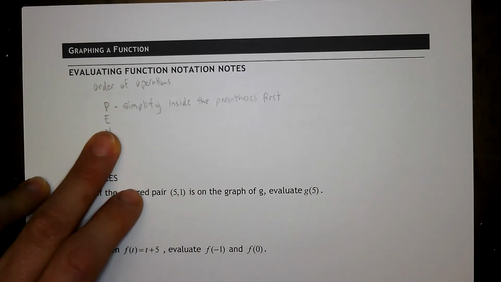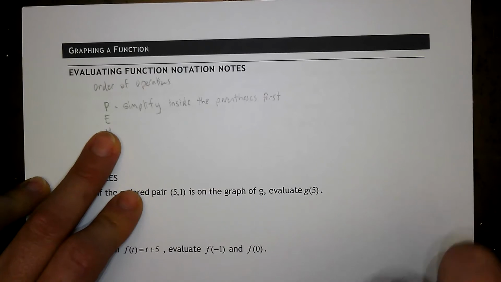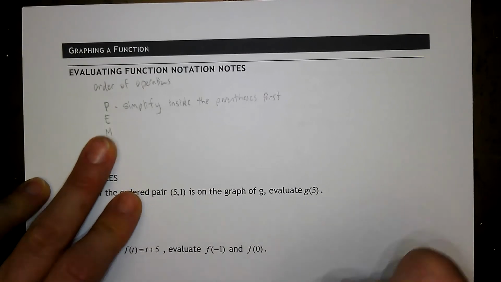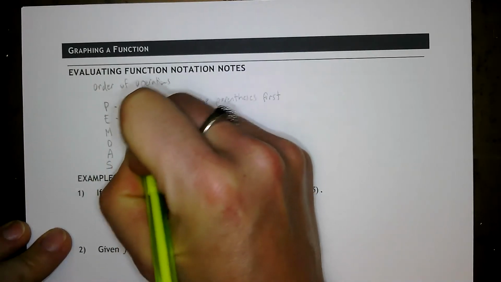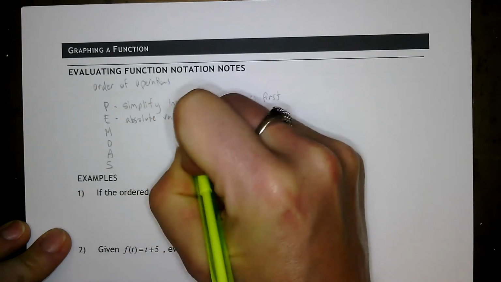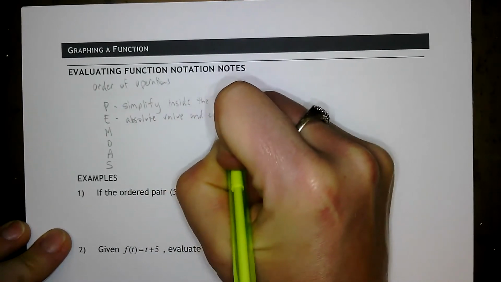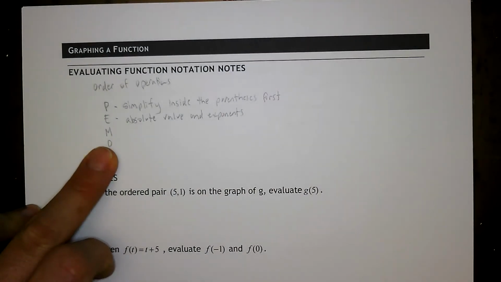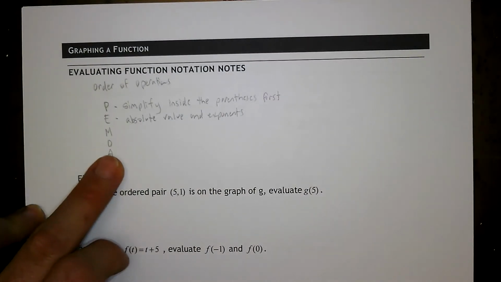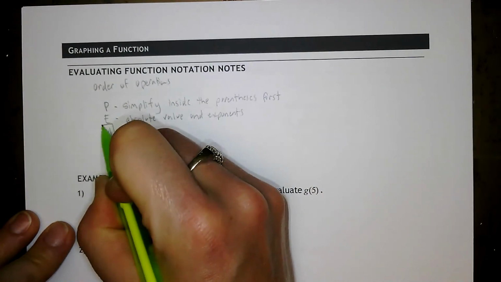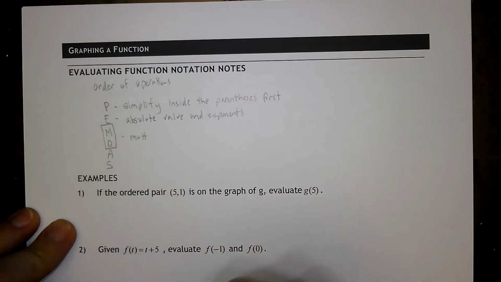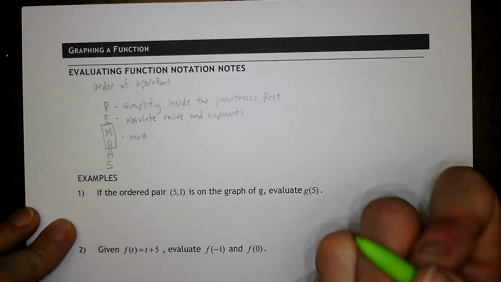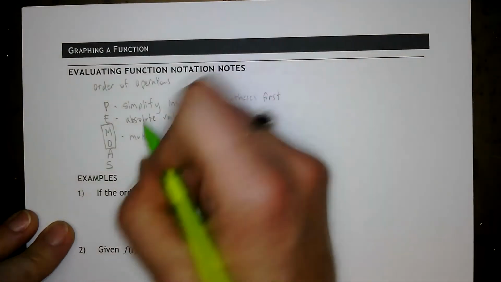The E, when you're in regular Algebra 1, it just means exponents. But when you get a little bit fancier in pre-calculus, you need to remember that it is absolute value and exponents. All right, M and D, they go together. So we have to remember that this is multiplication and division in the order that you see them from left to right. So you may do division first. It just depends on what comes first.